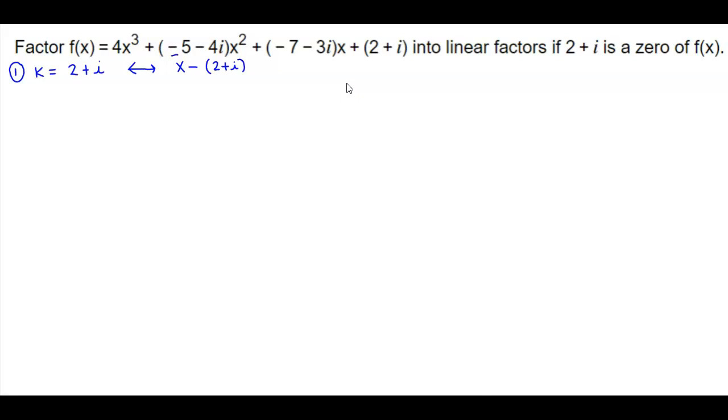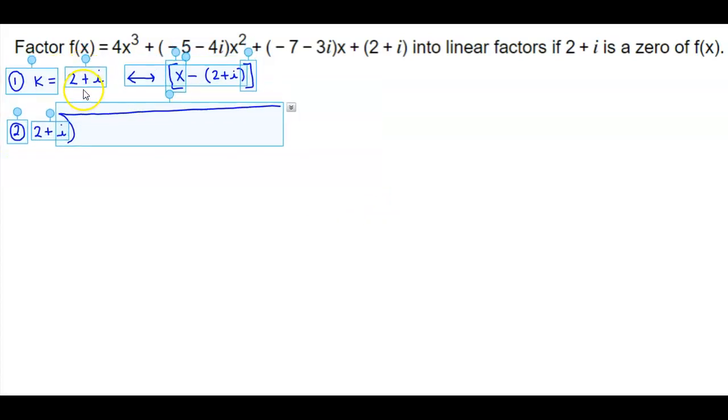So x minus the quantity 2 plus i is a factor of this polynomial. Now we have to determine the other factor of this polynomial, knowing that 2 plus i is a zero of this function.